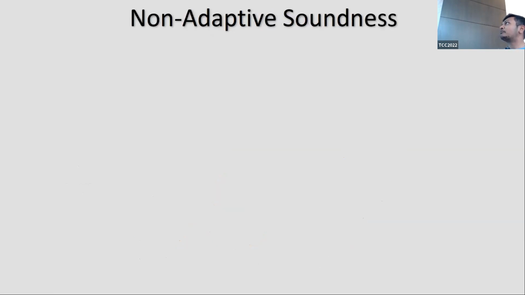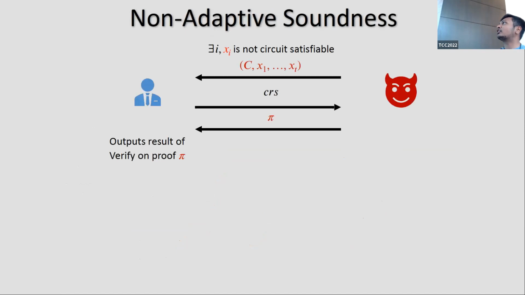So great. Let me briefly go through the security proof. In the security proof, we're going to focus on non-adaptive soundness, where there's an adversary and a challenger. The adversary sends the circuit and the sequence of statements that it wants to challenge upfront. The challenger generates a CRS, and then the adversary outputs a bad proof.